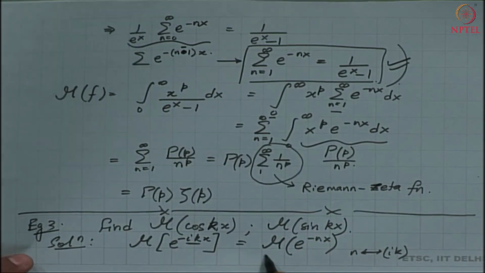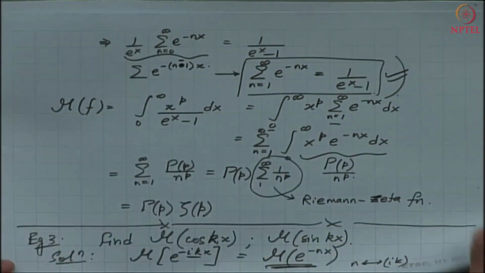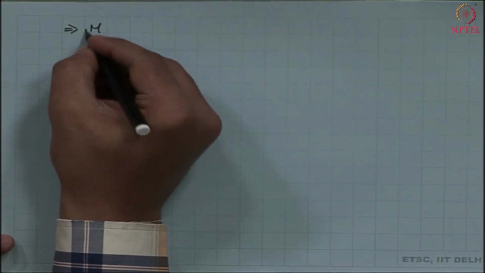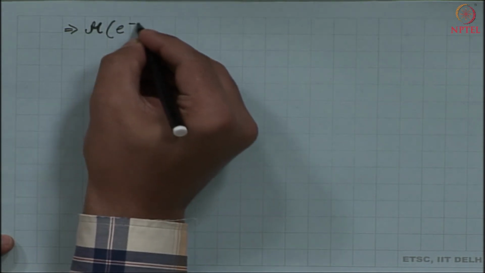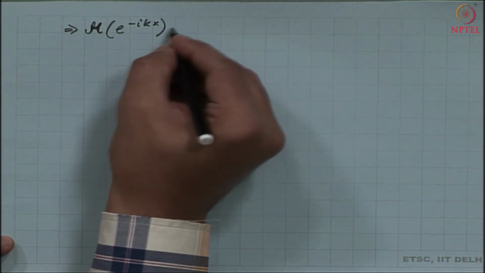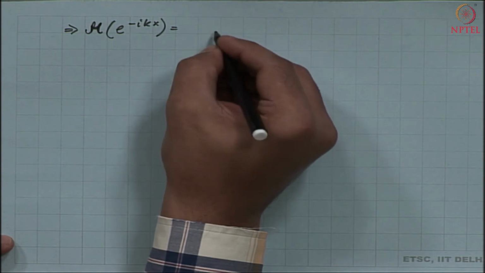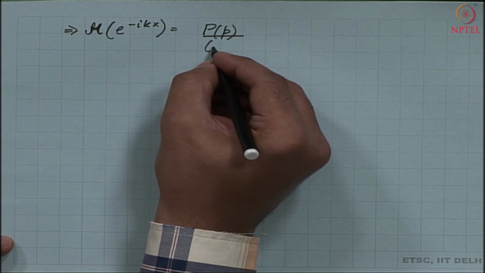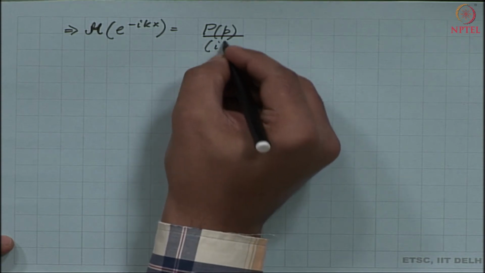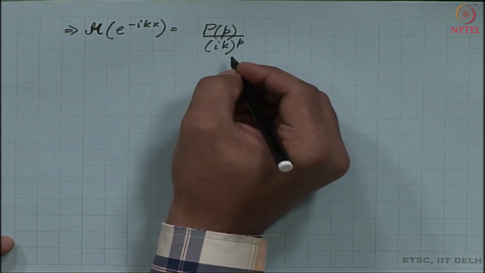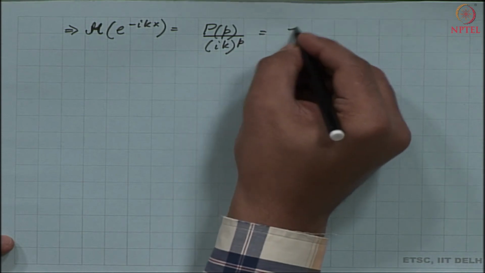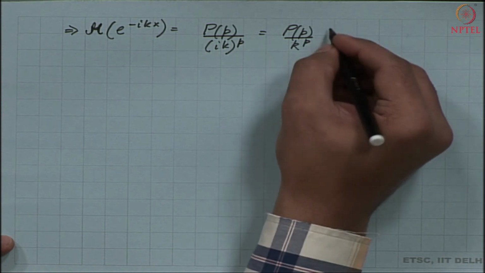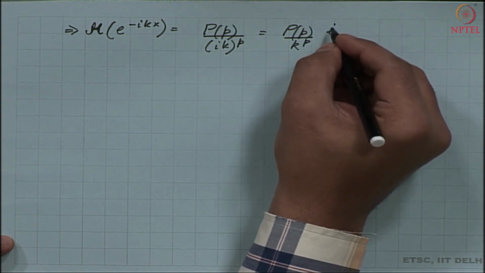That result is already found, so I am going to use that expression to arrive at the following result. The Mellin transform of e to the power negative i k x is equal to gamma function evaluated at p divided by n to the power p, where n is i k to the power p. So, this can also be written as gamma function evaluated at p, over k to the power p, times i to the power negative p.